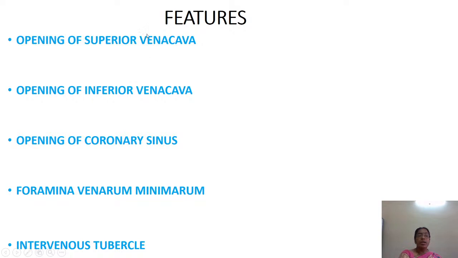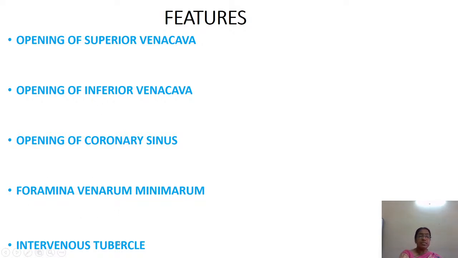In the smooth part, you can come across the opening of the superior vena cava, the opening of the inferior vena cava, the opening of the coronary sinus, some venae cavae minimae veins, and the valves, that is the eustachian valve and the intervenous tubercle, or tubercle of Lower. These valves are present at the superior and inferior vena cava. The intervenous tubercle of Lower is at the superior vena cava, and the eustachian valve is at the inferior vena cava.